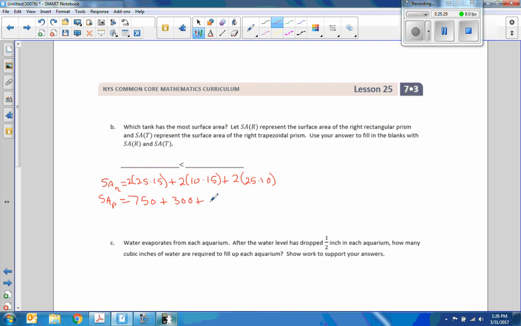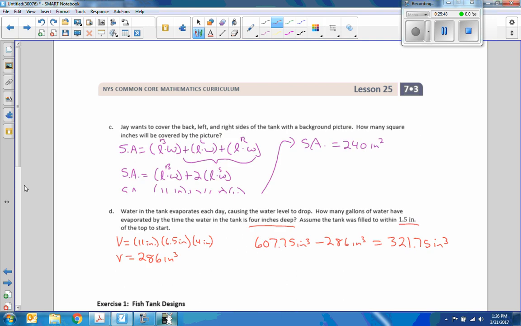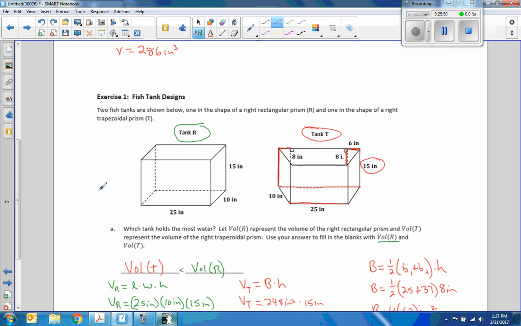Plus 250 times 2 is 500. So the surface area of the rectangular prism is 1,550 inches squared. Okay.